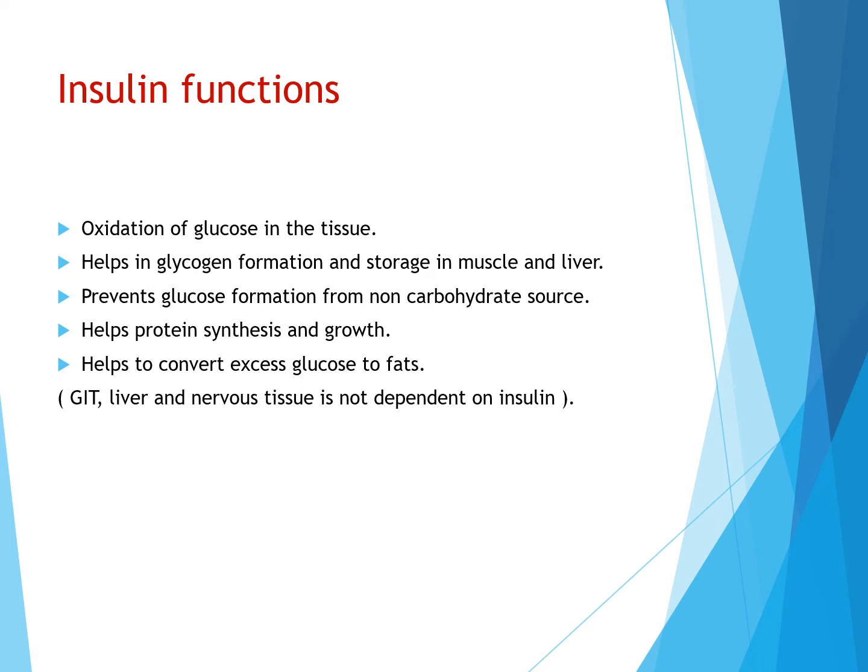Another function of insulin is in the formation of glycogen. Glycogen is a storage form of glucose. So excessive glucose can be stored in the muscles, in the liver, in the form of glycogen. And insulin helps in this process so that it removes the sugar from the blood.